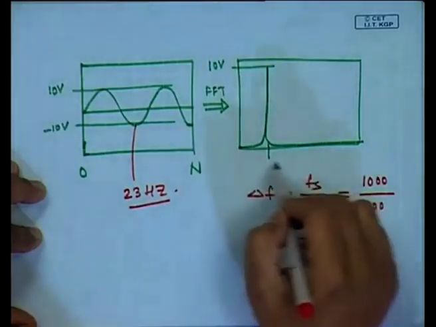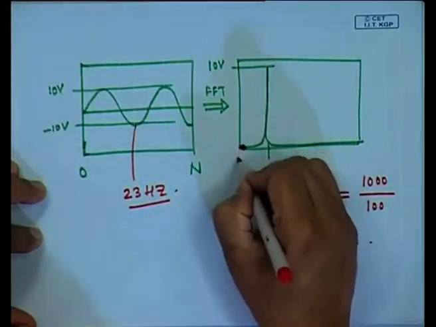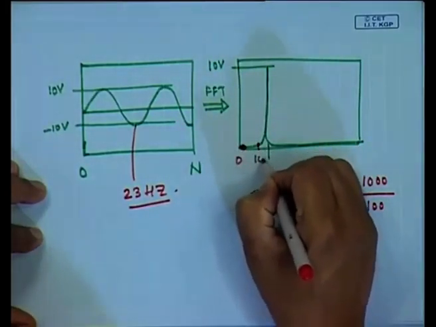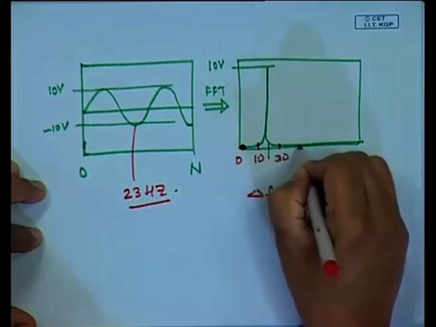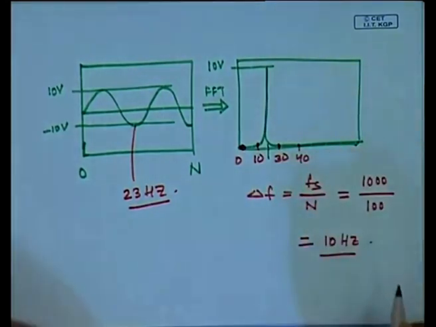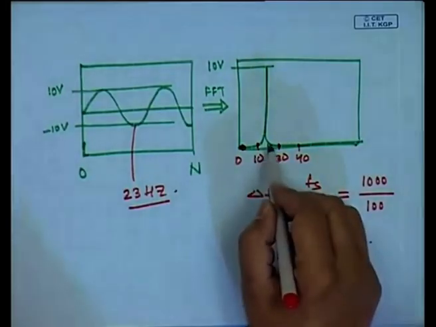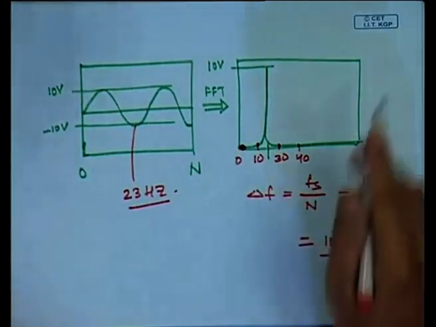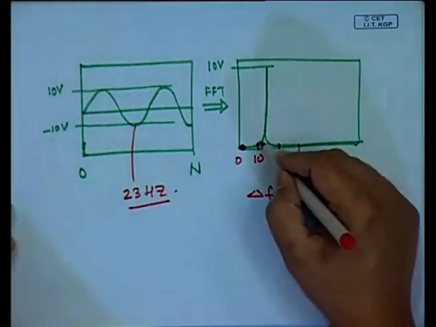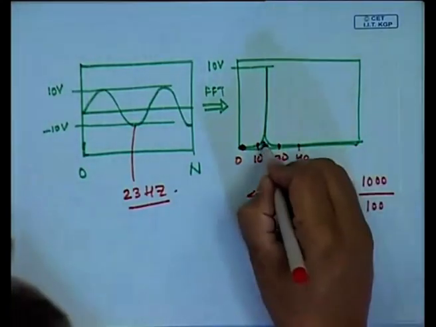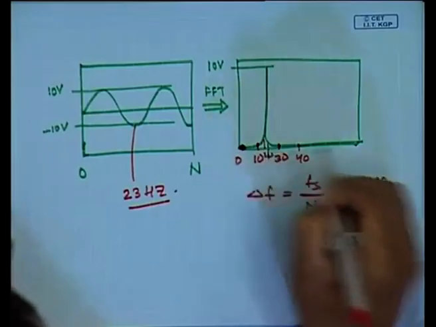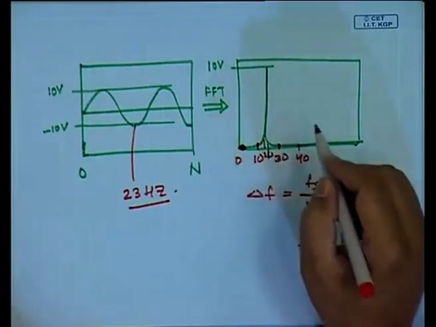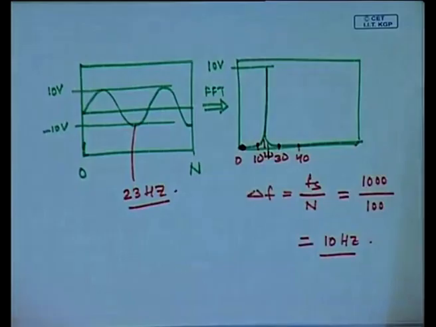So, obviously, this computer is going to understand 0 hertz, 10 hertz, 20 hertz, 30 hertz, 40 hertz and so on. So, when it comes to 23 hertz, it is lost, like we had in the amplitude resolution case, whether it is a 20 hertz signal or a 30 hertz signal.